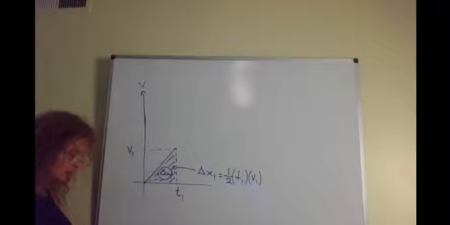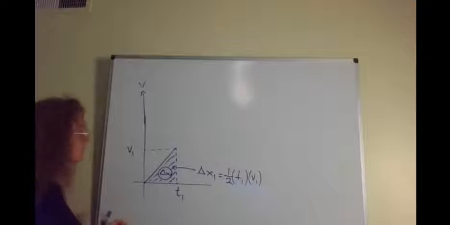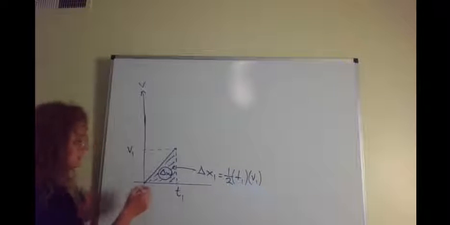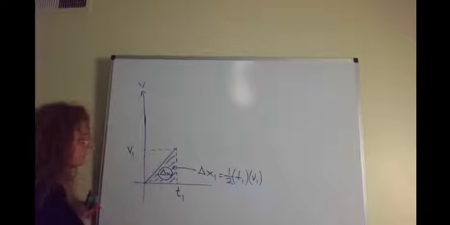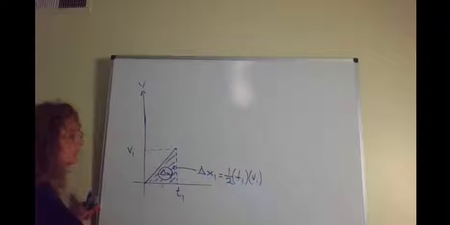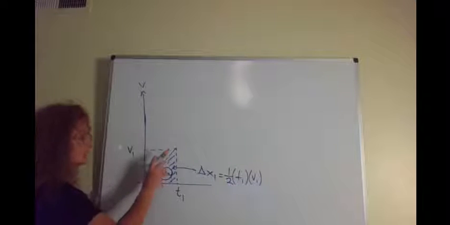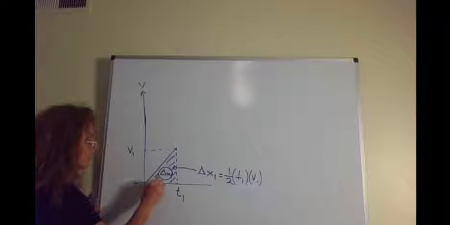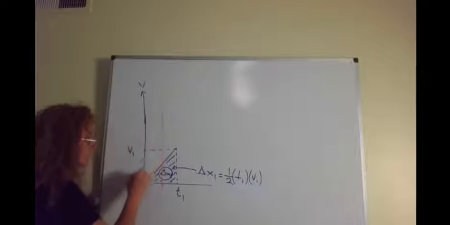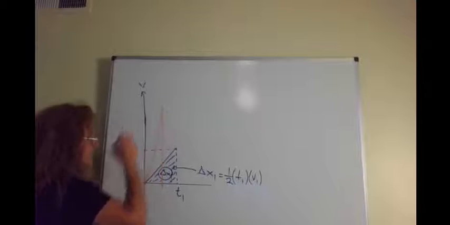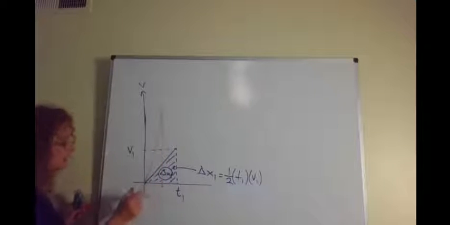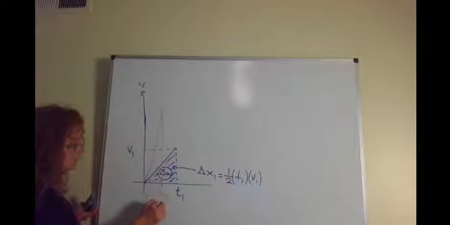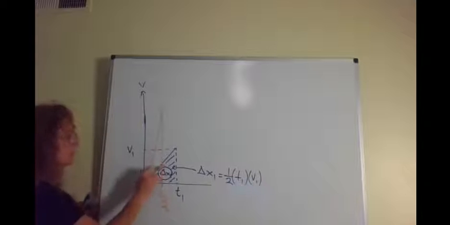So we want a triangle actually that has the half base, but it needs to have the same area. So what kind of triangle should we have that will have the half base but the same area?